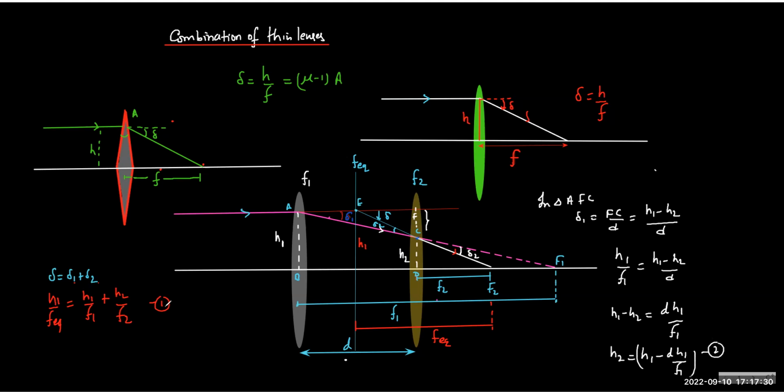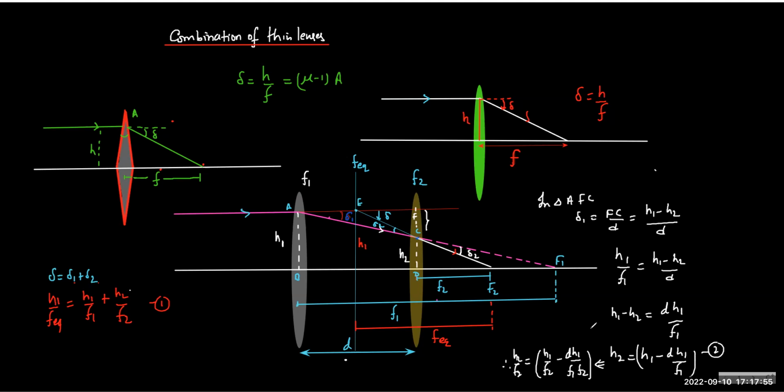This is equation 2, this is equation 1. Now H2 by F2, if I want to replace, becomes H1 by F2 minus D H1 by F1 F2. Is this clear?